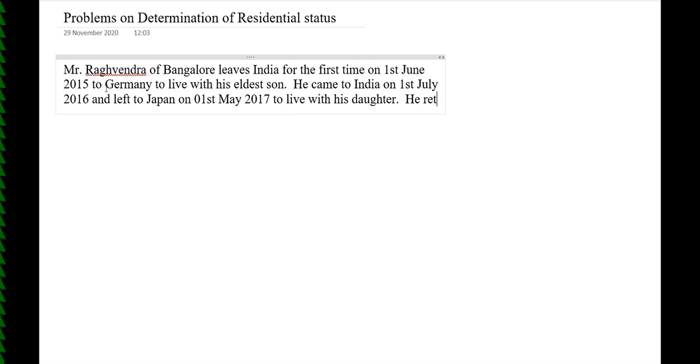He returned to India on 28th February 2020. So determine his residential status.